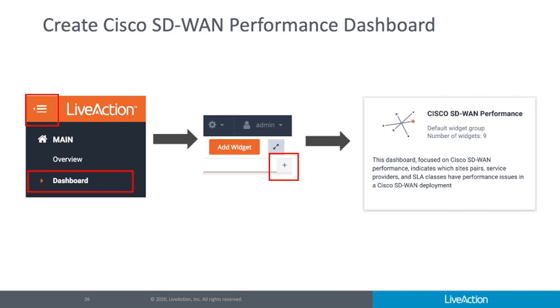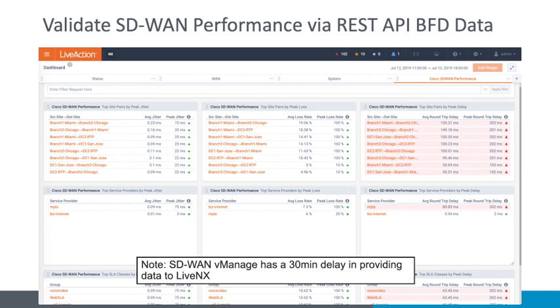After you set up your topology, you can add the Cisco SD-WAN performance dashboard. This is a dashboard that has all the information you need to get an idea about the performance of your SD-WAN. It answers questions about service provider performance, your site performance, and also the applications or the SD-WAN SLAs within your SD-WAN environment.